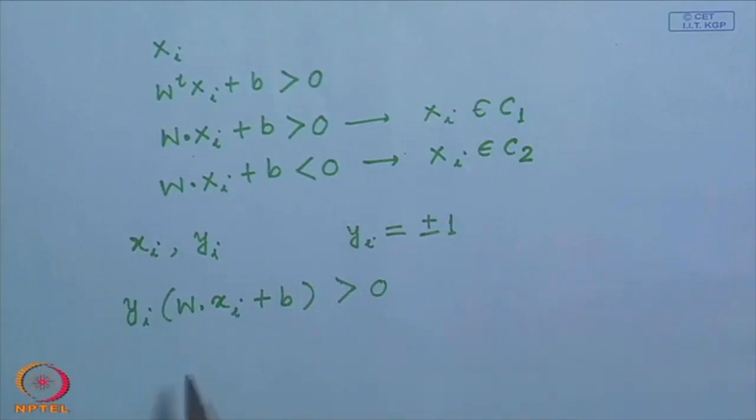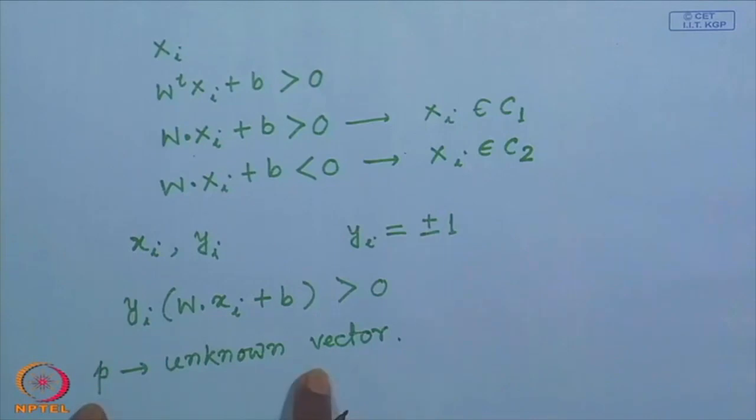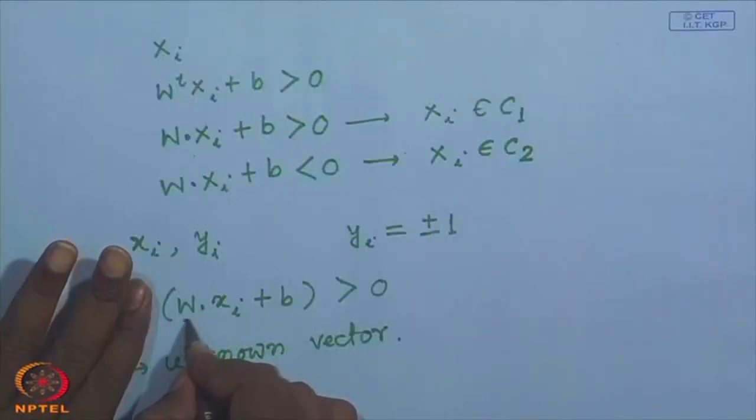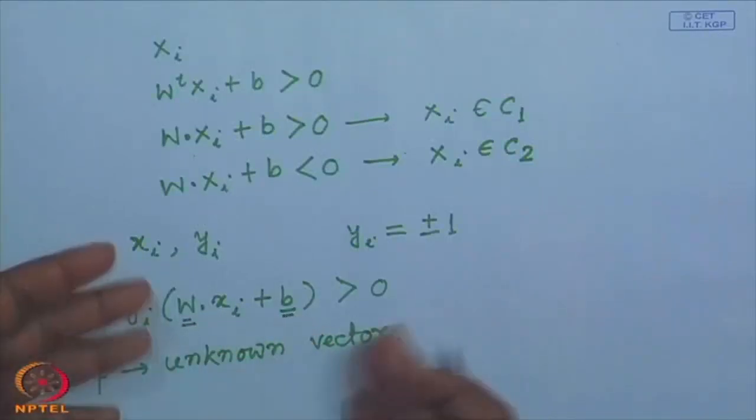Once I get W and b, then for an unknown feature vector, say P, which has to be classified, I have to put this unknown vector P into either C1 or C2 using the W and b that have been obtained after designing the classifier.